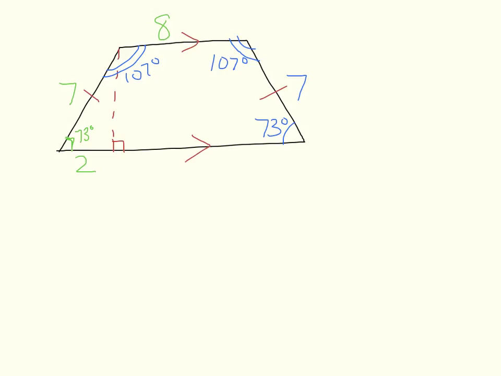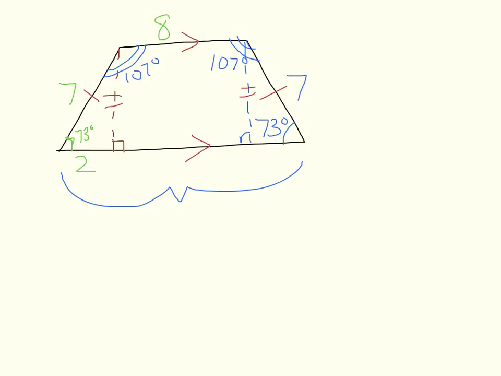Okay, so now if we look down here, we want to figure out this length, right? And that's the hard one. Well, if we drop another altitude down, right, these two triangles have got to be congruent, okay? And the reason is that these altitudes have to be equal.